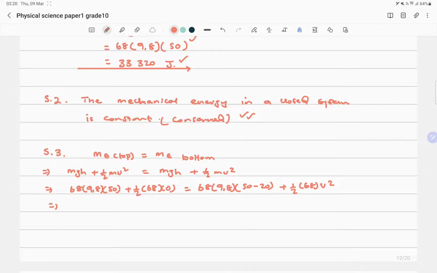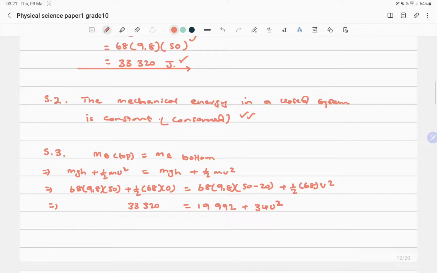We know that this we calculated above, so it's going to be 33,320 equaling, and let's do this one, 68 into 9,8 into 50 minus 20, which is just 30. So we're getting here 19,992 joules. Okay, let's not worry about that. Plus 68 into 0,5 is basically 34v squared.